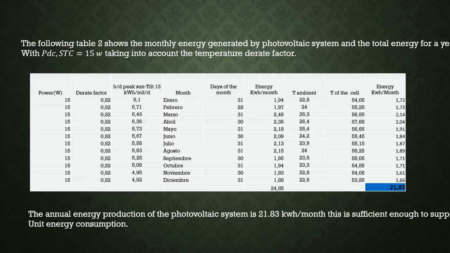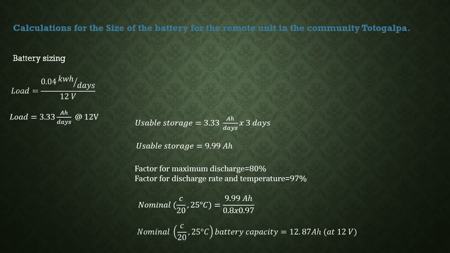The following table shows the monthly energy generated by the photovoltaic system and the total energy for a year with this power of 15 watts, also taking into account the temperature and the rate factor. The annual energy production of the photovoltaic system is 21.83 kilowatt hour per month. This is sufficient to support the remote unit's energy consumption.